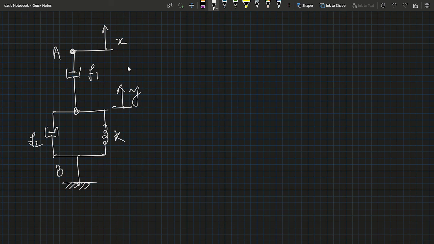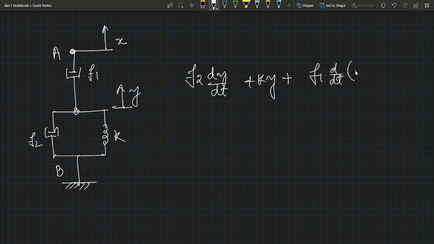From the mechanical circuit diagram we get the equations of the system. There are basically two equations, for y and for x. For y we write f2 dy/dt, where f2 is the viscous coefficient, plus Ky plus f1 d/dt (y minus x).